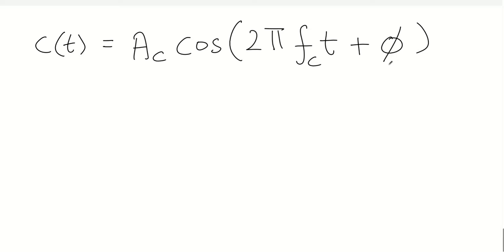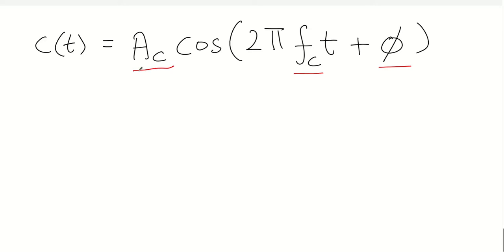Now what we do is, we change any one of these three parameters according to the message signal. So this is called modulation. An alternate definition of modulation: the first definition which we had seen was that converting a low frequency signal to a high frequency signal is called modulation. Another definition is varying any one of the parameters of the carrier with respect to the message signal is known as modulation. Now we can either vary the amplitude or the frequency or the phase.